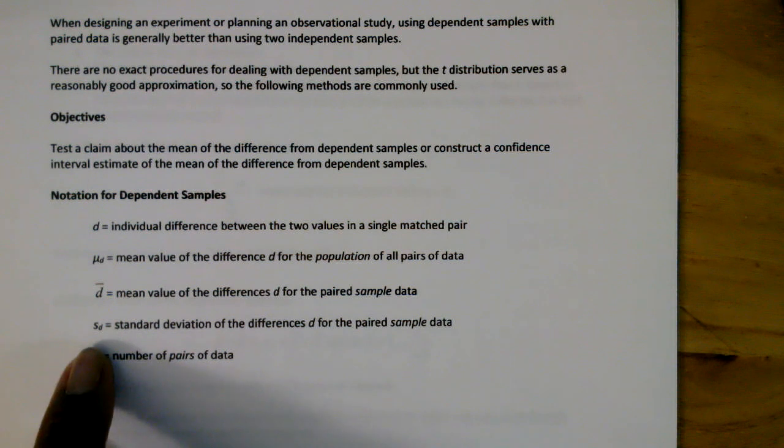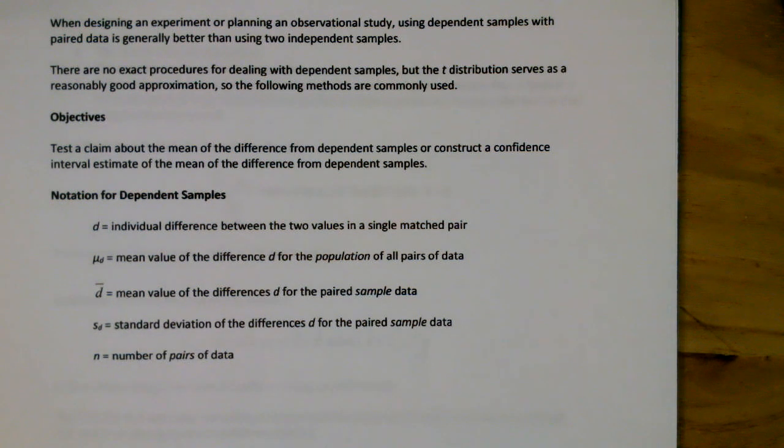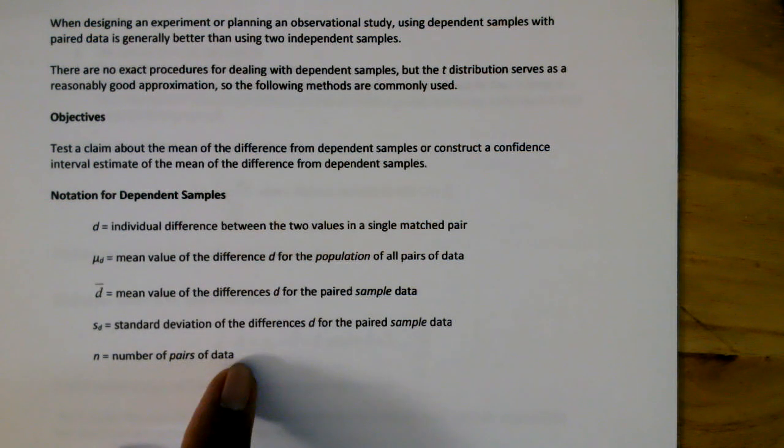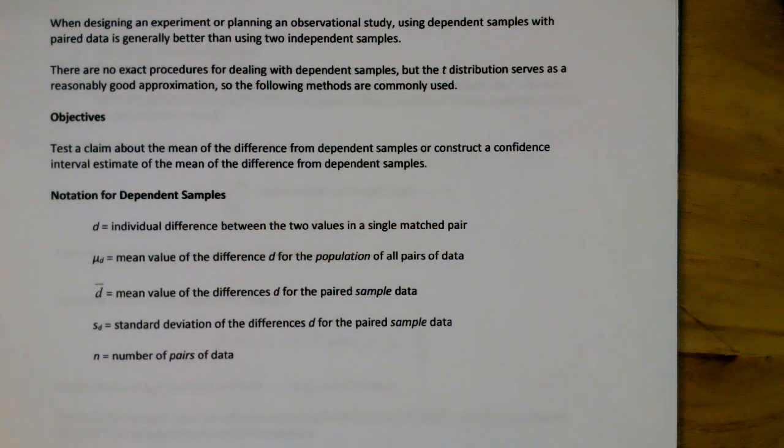And S sub D is going to be the standard deviation of the differences D for the paired sample data. And n, in this case, since we're dealing with paired data, is the number of pairs of data, not the individual data values itself. It's the number of paired data.